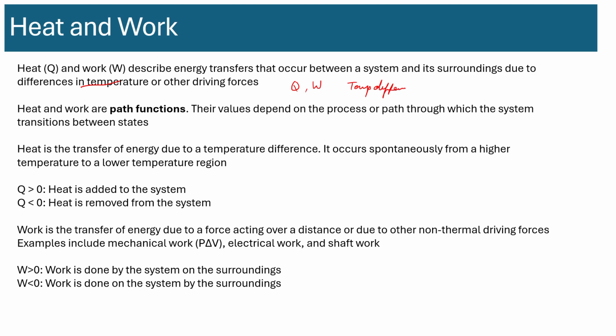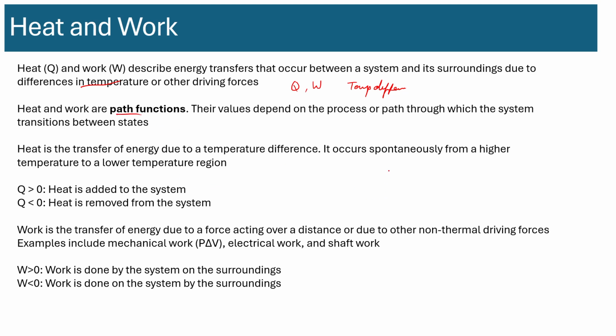There are other types of work which are based on electrical work or shaft work, things like that. But in this lecture, we are mostly focused on work due to temperature differences. Both are path functions. So what does that mean?